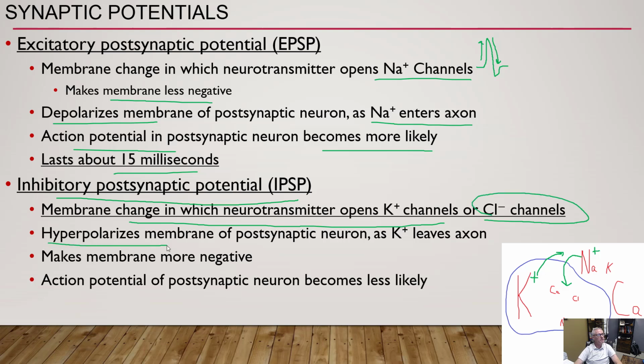Remember, potassium is inhibitory, and it can hyperpolarize as potassium leaves the axon. So potassium, positively charged, leaves that cell and makes that membrane more negative. Therefore, the chance of the action potential happening will be less likely.